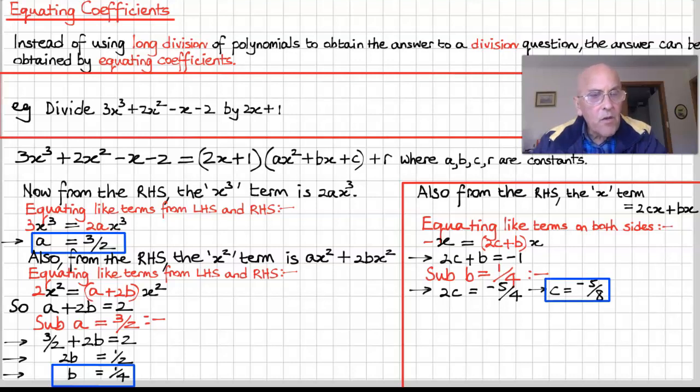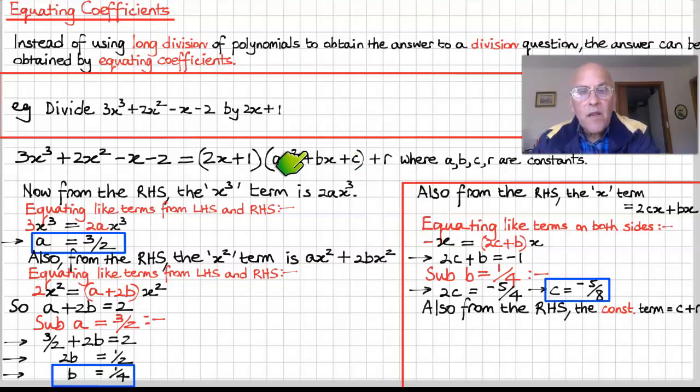That's marvellous. Now we've got one more step to go, and we can work out what the constant term r is here. Okay? So similarly, from the right-hand side, multiplying all this out, the only constant term you'll get from multiplying these two brackets out is just c, and then you've already got the r. So the total constant term comes to c plus r, which, from the left-hand side, equating like terms, we know must equal minus 2.